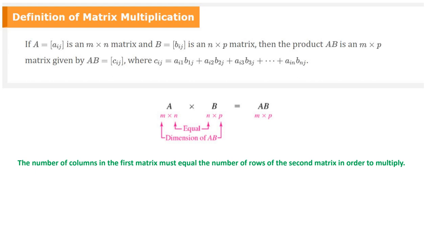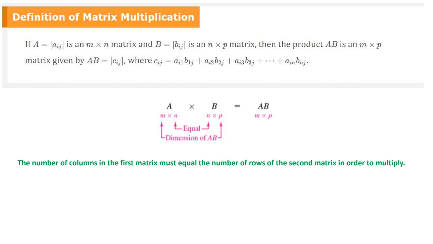Okay, that the number of columns of the first have to equal the number of rows of the second matrix that we're multiplying. If the number of columns is not equal to the number of rows of the second, then we cannot multiply these two matrices together.